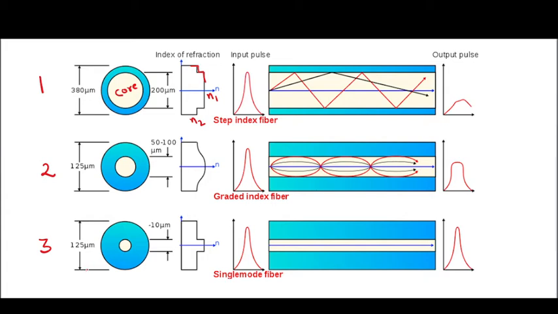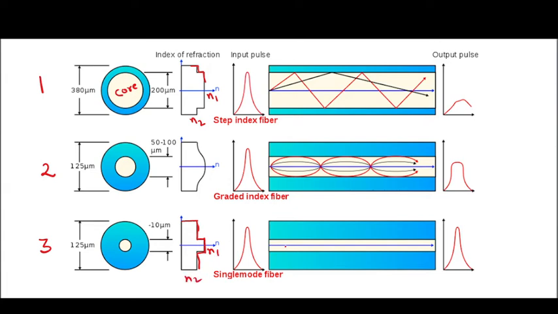So clad size is, for example, 125 micrometer, whereas the core is only 10 micrometer. And again this is step index, so the refractive index of clad is constant, and then suddenly it increases for the core, and therefore we get a step for the refractive index. Now this is N1 and this is N2.